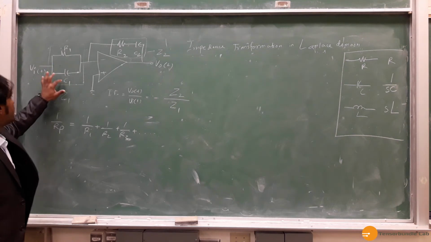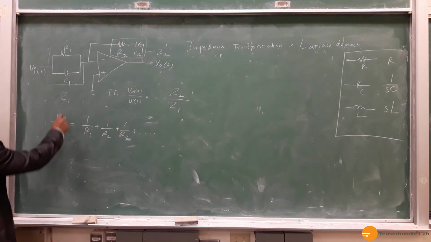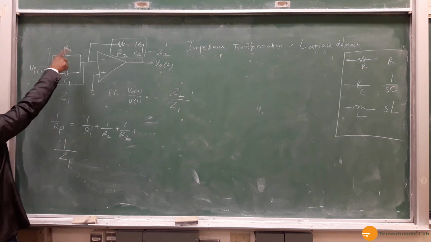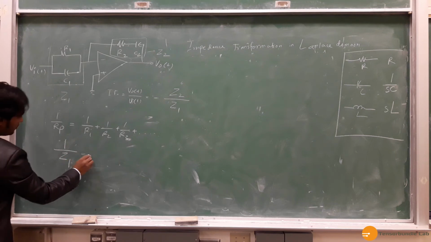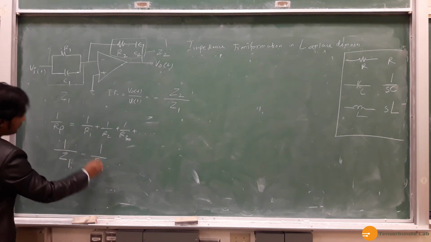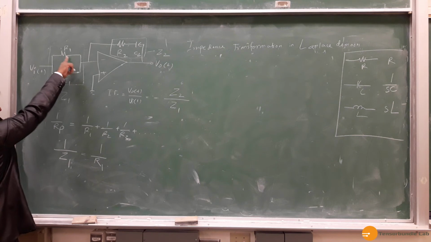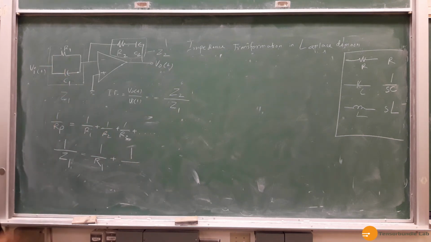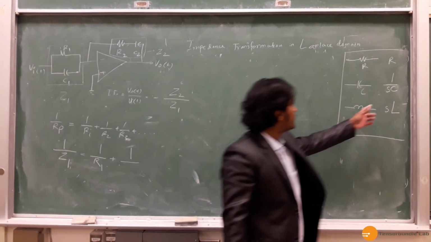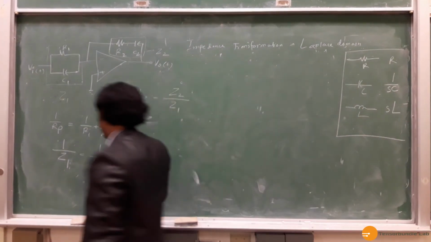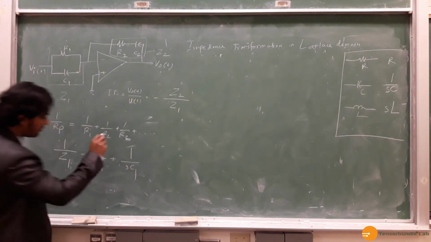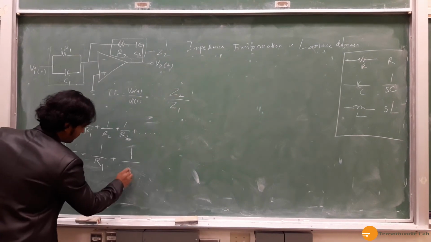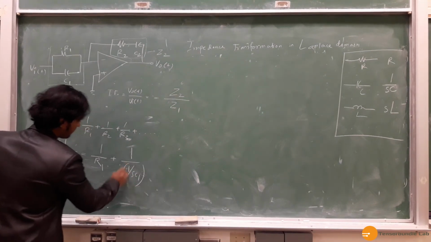So since we have R1 and C1 in parallel, we can write 1 over Z1, which is the equivalent impedance of this parallel network, equal to 1 over R1, plus 1 over, what is the impedance of C1 in S domain? 1 over SC1.